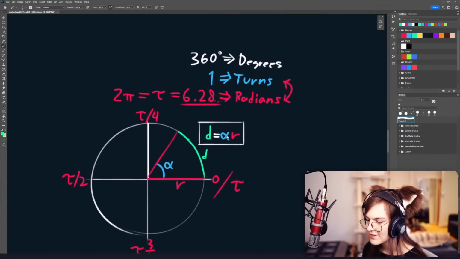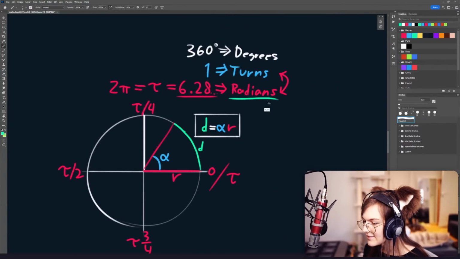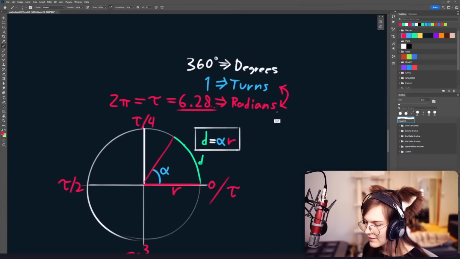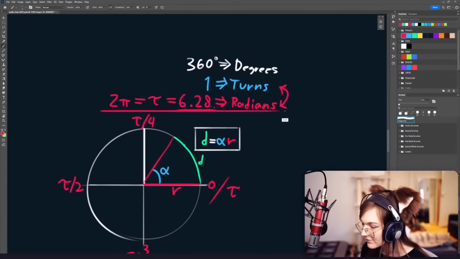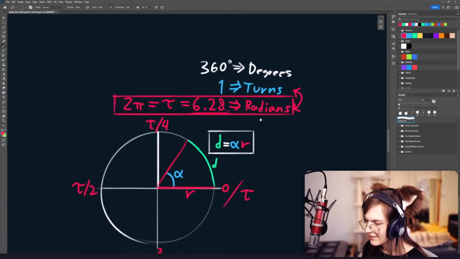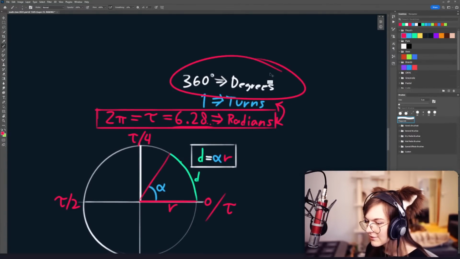And because of this, radians is the default angle measurement. Whenever you're doing math, if it's not specified what type of angle units it's using, it is almost certainly using radians. So radians is the primary way to do angles in math. But of course, we still use degrees colloquially.